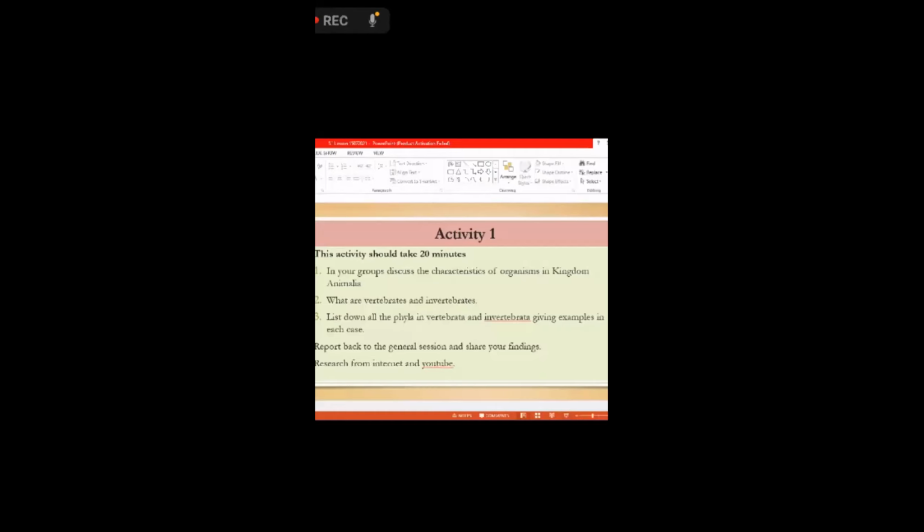Vertebrates are animals that have a backbone, while invertebrates are animals that do not have a backbone. Okay. So it's very clear.